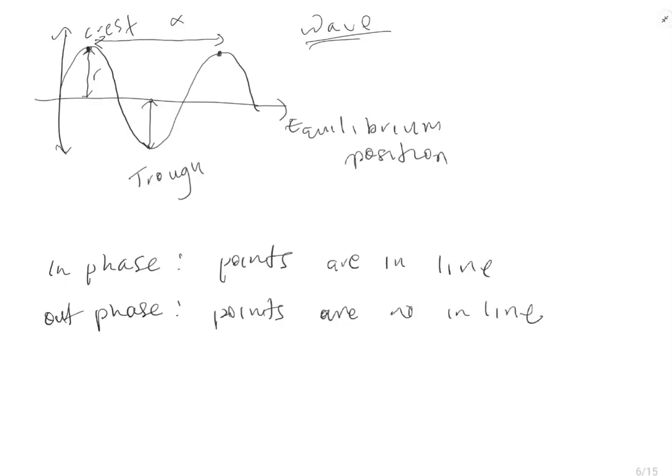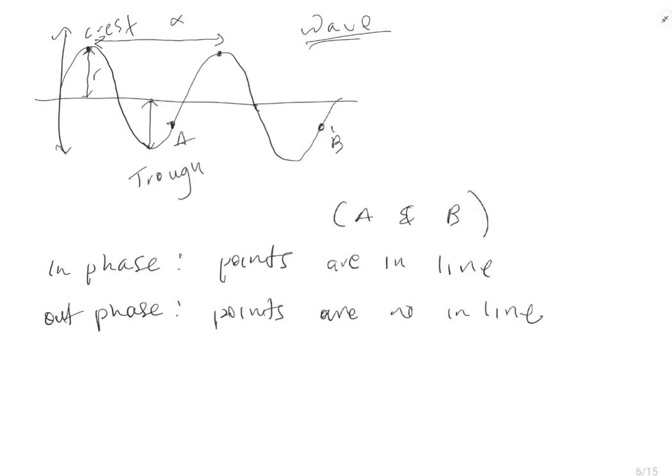Another example: say you have a point A here and let's call this point C. A and C are in phase, and this other one we'll call B. A and B are out of phase. We're going to come back to this concept in depth because it's very important to know when points are in phase and when they are out of phase.